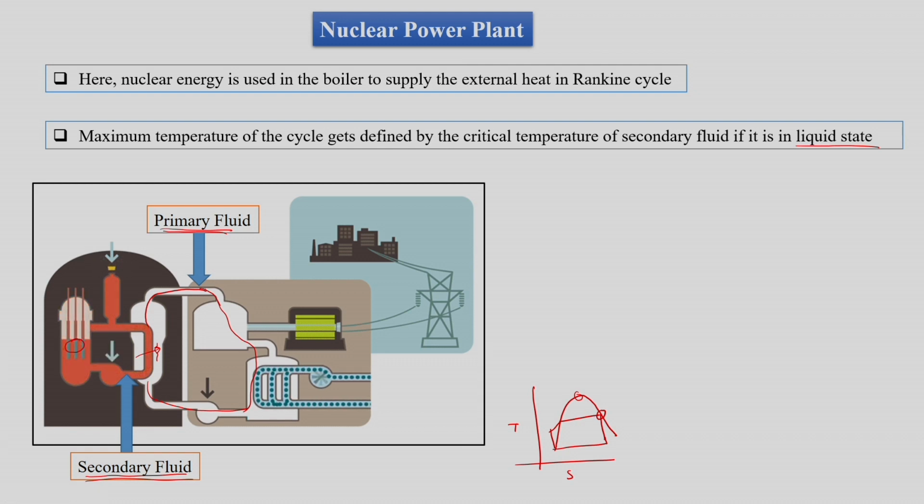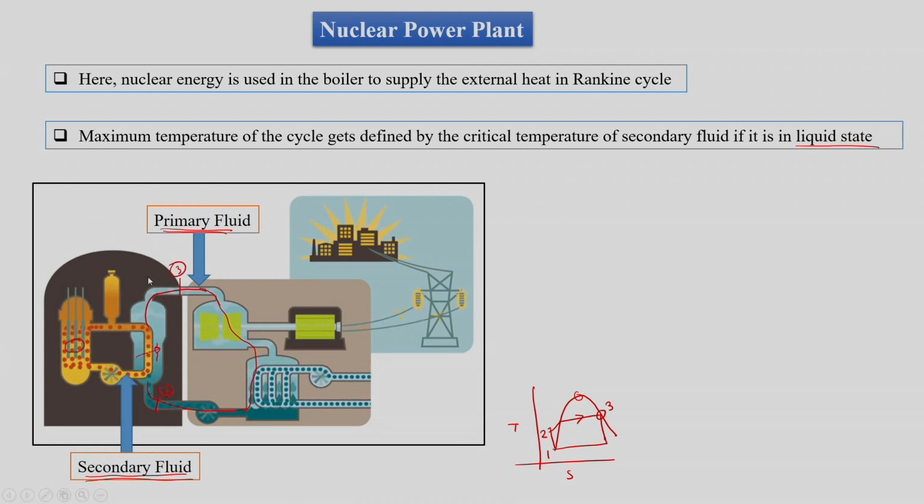So, that water may be at high pressure, and then that high pressure water will supply the heat where we will go from 2 to 3 in the boiler.